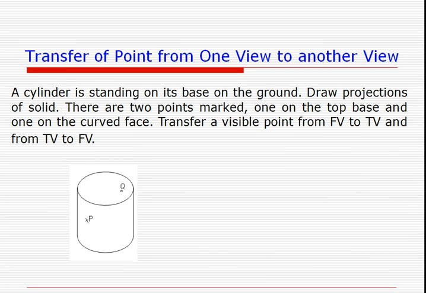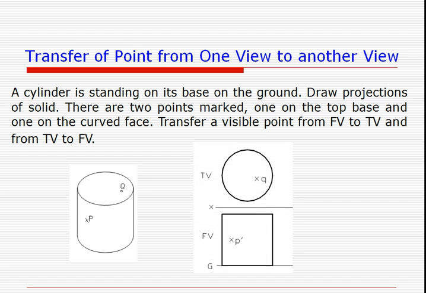So we take another example. When the points are to be transferred in a cylinder, for a cylinder, for point P dash, its front view is given, and the top view of another point Q is given. They are to be transferred to the other view. So for P dash we have to get P, that is the top view.